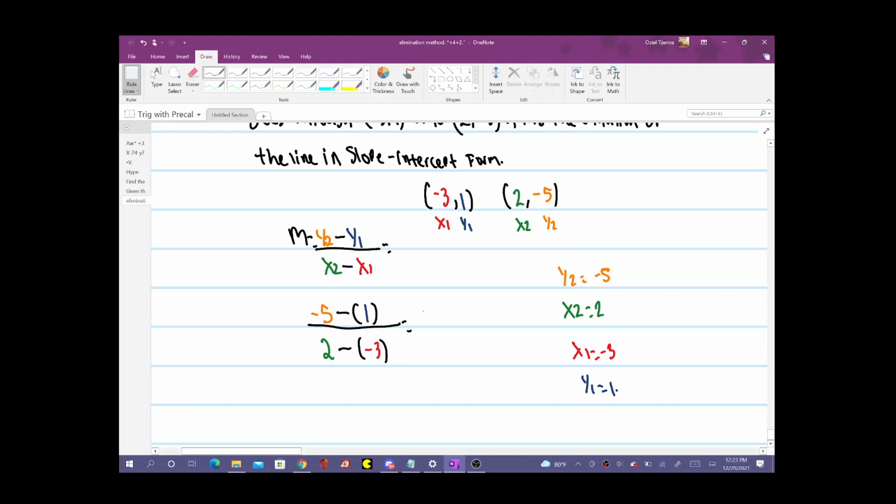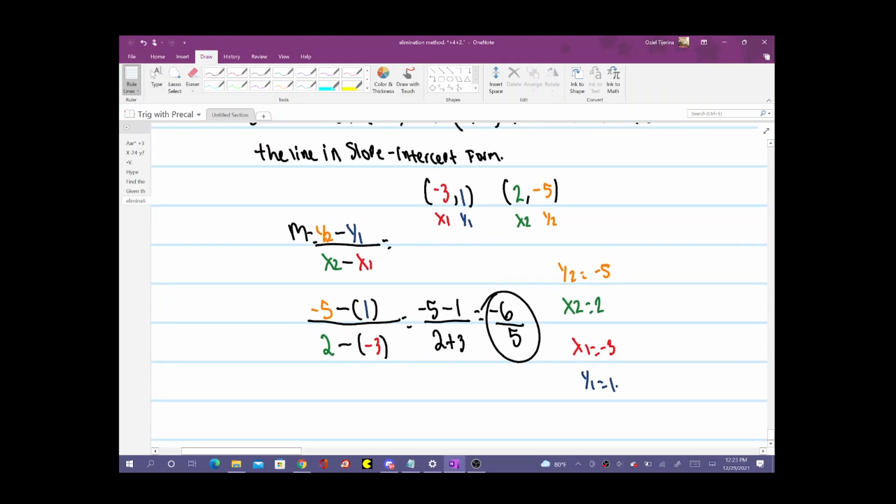So this becomes -5 minus 1 over 2 plus 3, because negative of -3 is +3. So this becomes -6 over 5. So this is our slope.